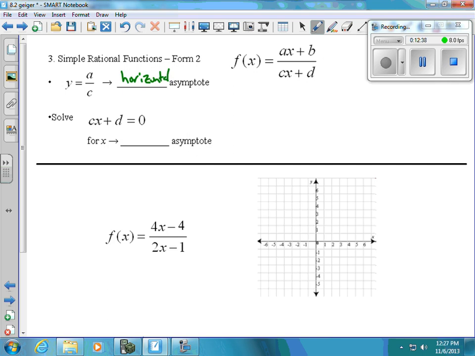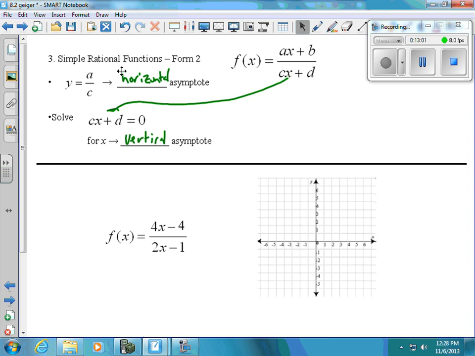And to find our vertical asymptote, we solve the equation cx plus d. In other words, what's the 0 of the denominator? We take our denominator, set it equal to 0, and that's going to be the vertical asymptote, which makes sense. I can't have a 0 in the denominator.